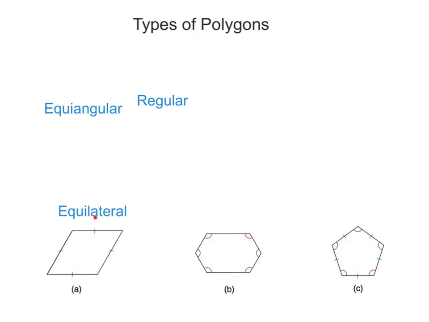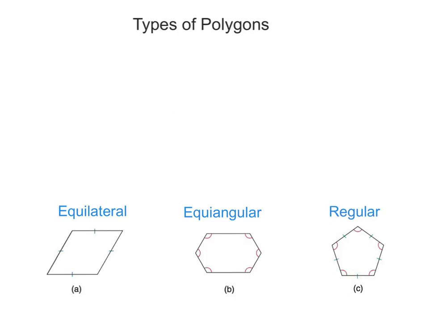That's why it's equilateral, equal lengths. When I talk about things like this second one, where all of the angles are the same, that's called equiangular. All of the angles are equal. Last but not least, if it's both equilateral and equiangular, it's a regular polygon.